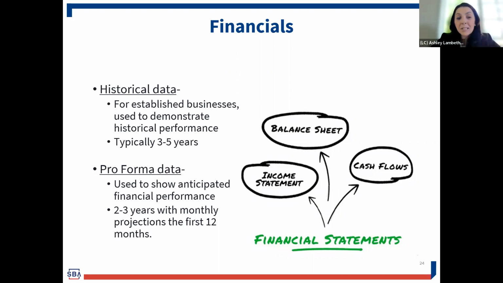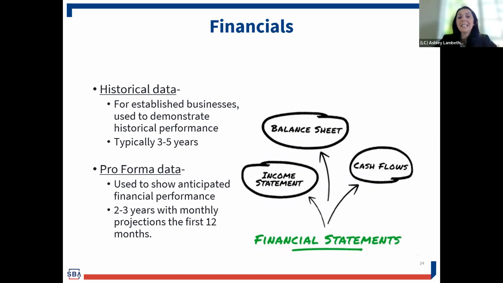For established businesses, you want to bring the last 3 to 5 years of performance with you so they can see how your business has done and what your trends are looking like. For pro forma data, which is projections, if you're a newer business, these are used to show anticipated financial performance.